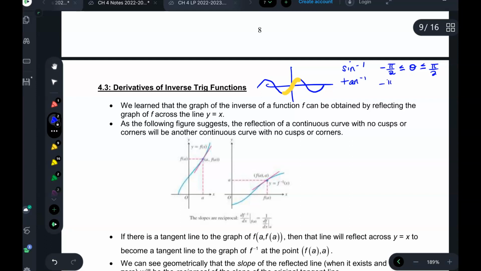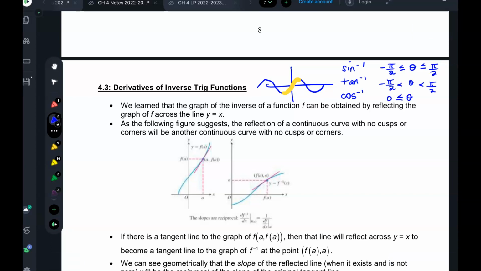Tangent inverse is negative pi over 2 to positive pi over 2, but not including the endpoints, because it has asymptotes there. It's undefined at negative pi over 2 and positive pi over 2. And cosine inverse goes from 0 to pi.